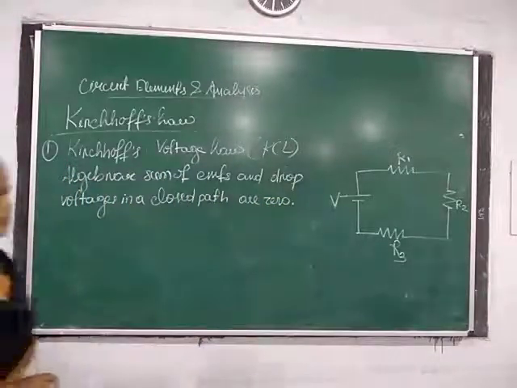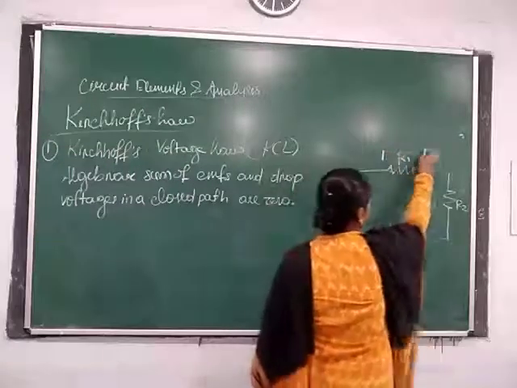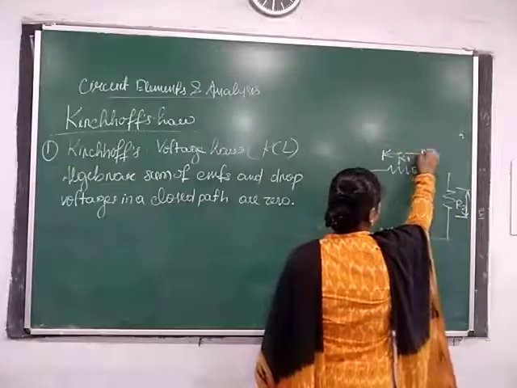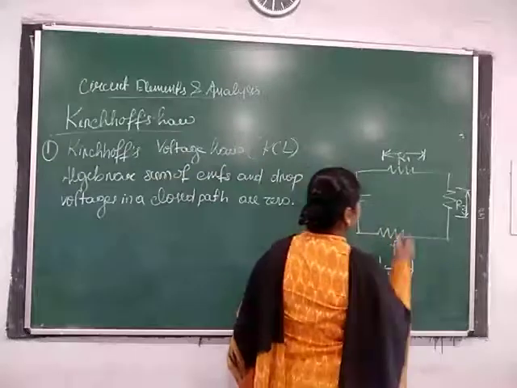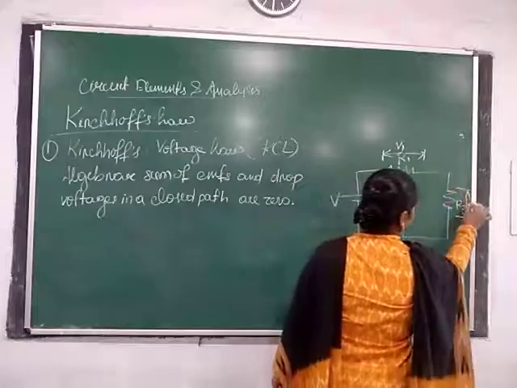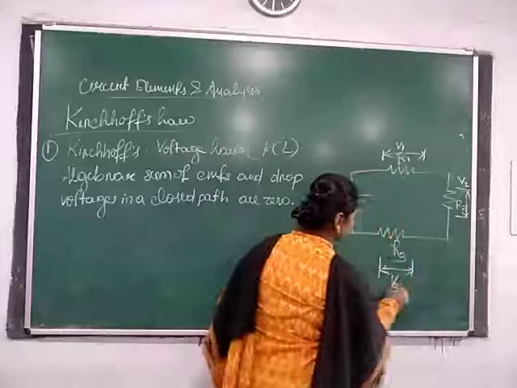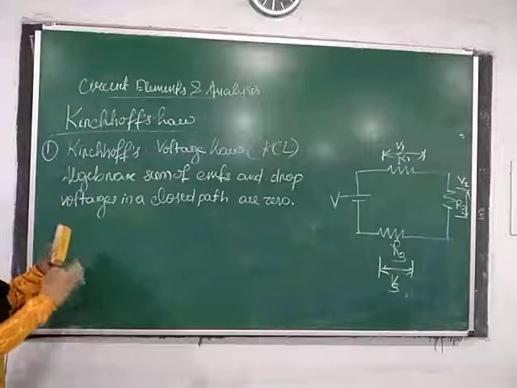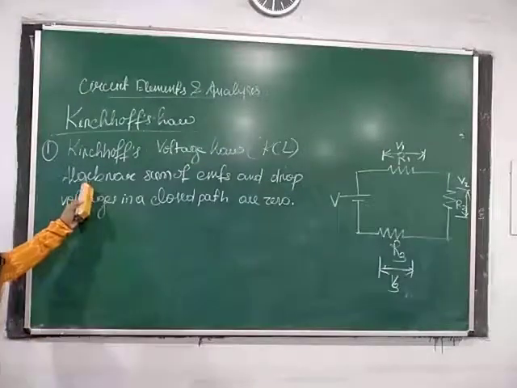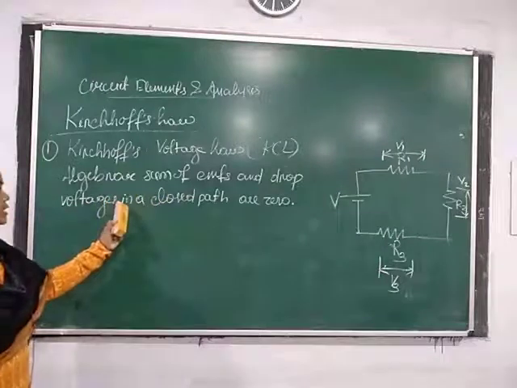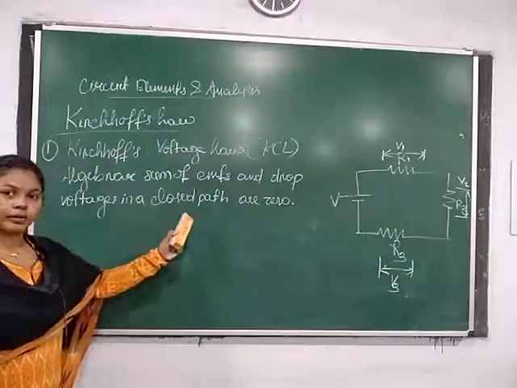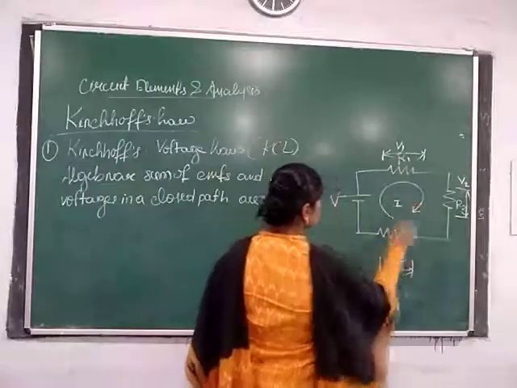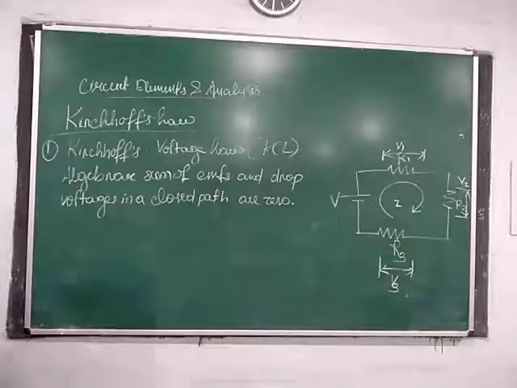Voltage drop means voltage across this resistor. Let here voltage be V1, here V2 and here V3. Here you may add one more sentence: algebraic sum of EMFs and drop voltages in a closed path when current is traversed in a single direction is equal to 0.